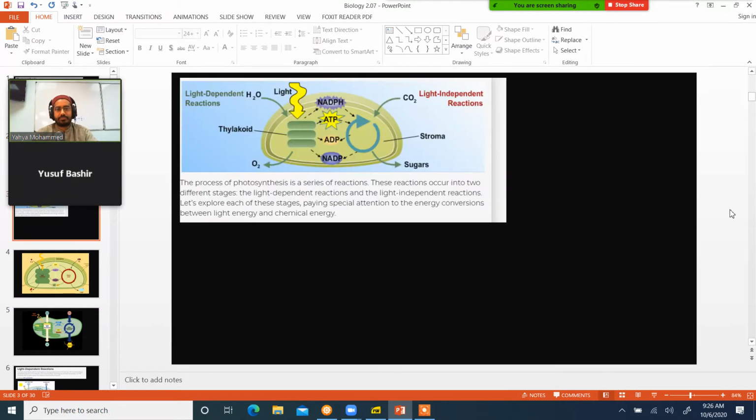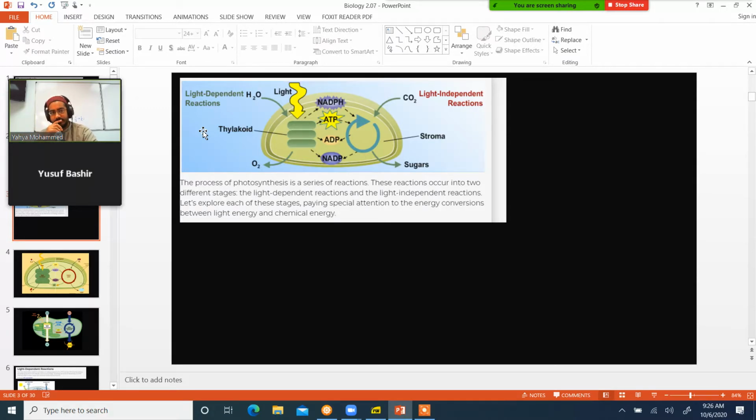So in photosynthesis, there's basically two portions. On the left you see light dependent reactions, and then light independent reactions. One of these really can only take place during the daytime. Yusuf, which one can only really happen during the daytime?